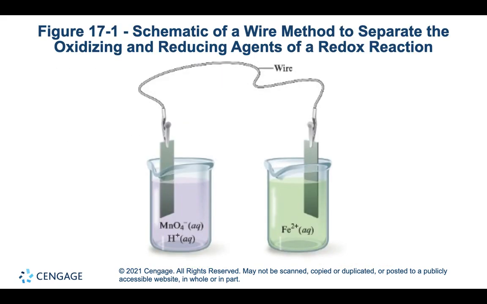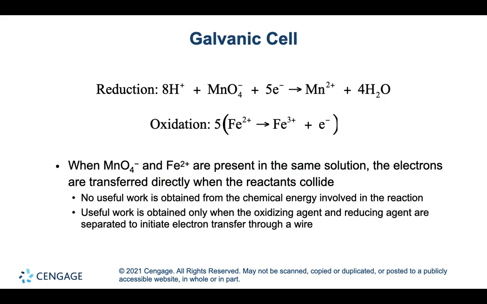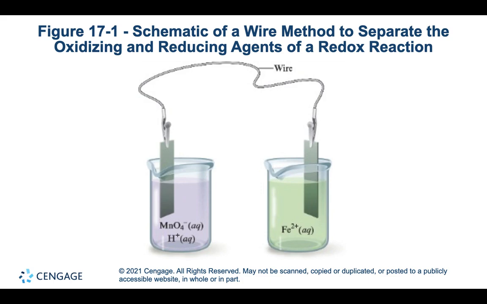In this case, permanganate, MnO4 minus, is where reduction is occurring, which means MnO4 minus is an oxidizing agent. It's going to pull electrons from the right side over to the left, or you could look at it as Fe+2 pushing electrons over to the left. But the oxidizing agent is going to be getting electrons from the reducing agent, which is the iron +2.